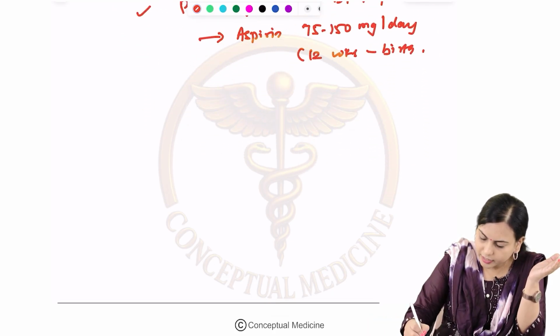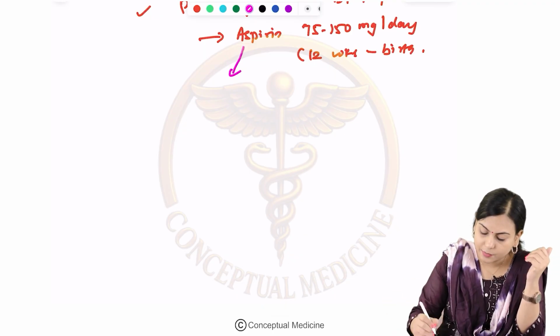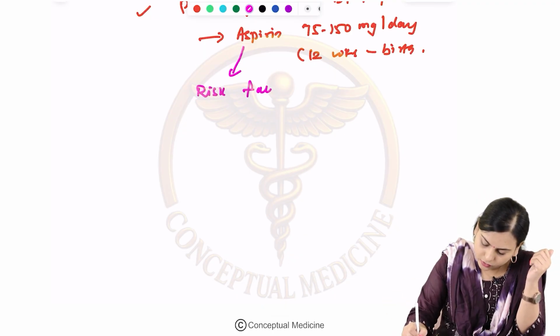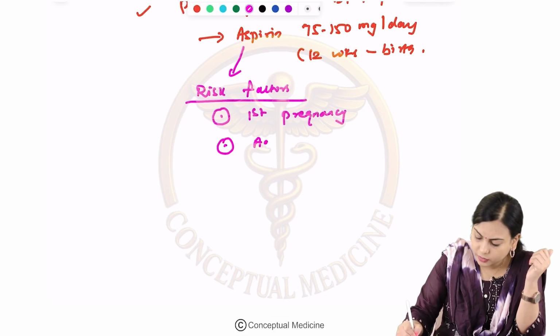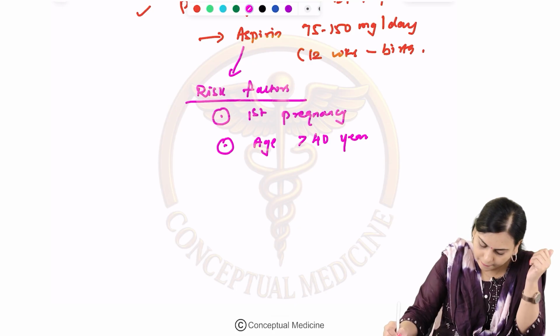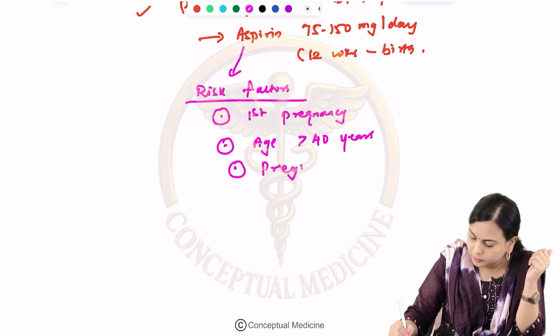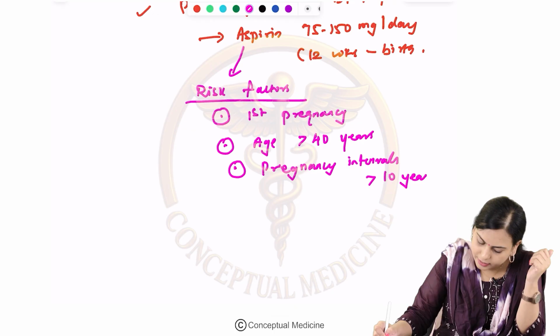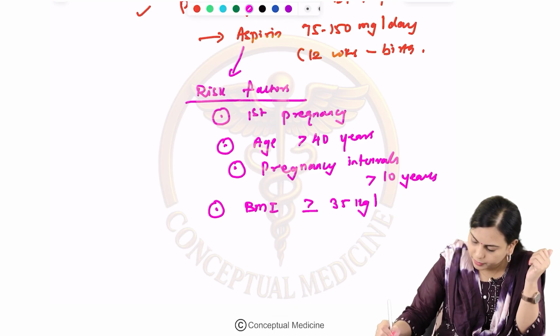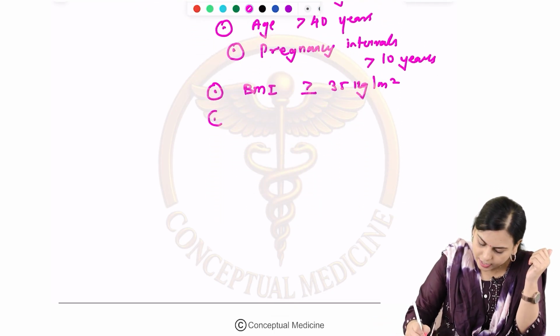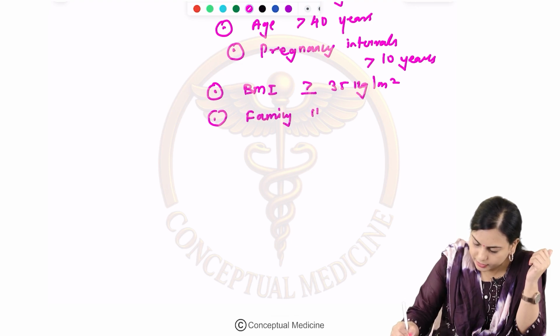Okay, and the indications for starting aspirin include some risk factors. Risk factors include a first pregnancy with a twin gestation, maternal age more than 40 years, pregnancy interval between two deliveries of more than 10 years, BMI more than or equal to 35 kilogram per meter square at the first visit itself, and a family history of preeclampsia.